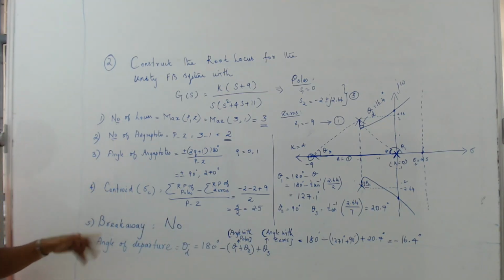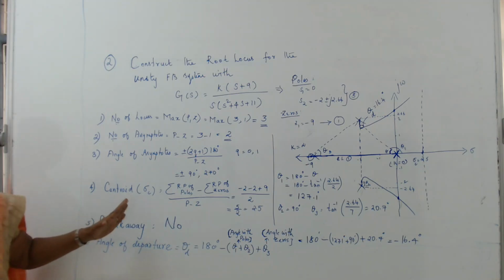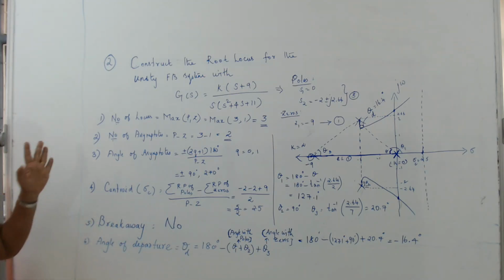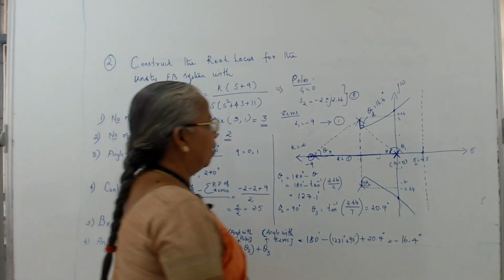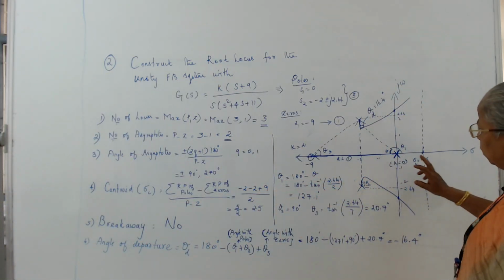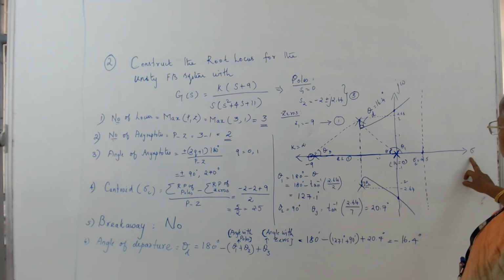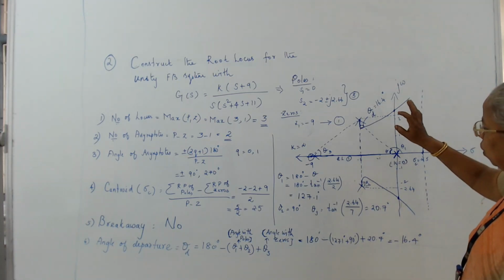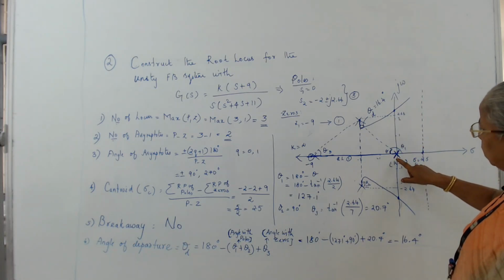Now I need to calculate whether the breakaway will exist. Actually I have given that there is no breakaway. Let us see from the root locus. For example, here I have drawn the root locus like this. This is my real axis sigma, this is my imaginary axis j omega. So what is my pole? Pole is at 0.